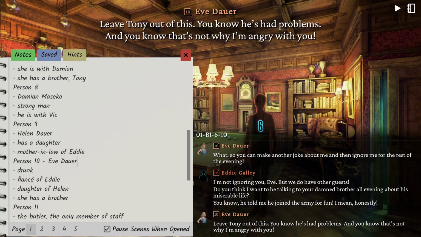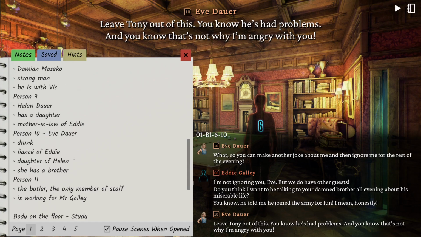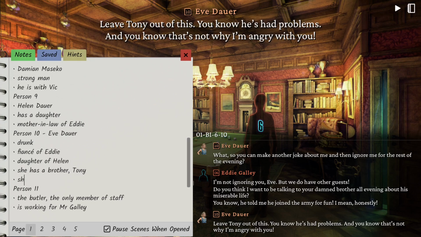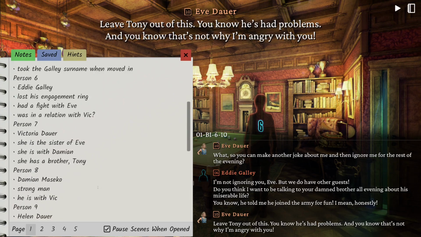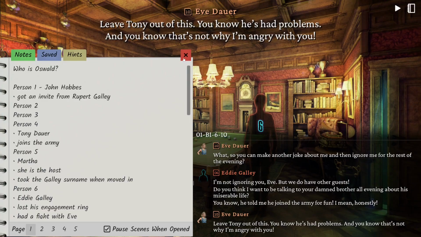We can delete that she's a woman. We know she's a woman. Daughter of Helen. She has a brother, Tony, and she has a sister, Vic. Okay. I think that was it for now.